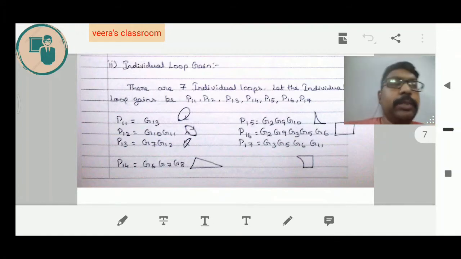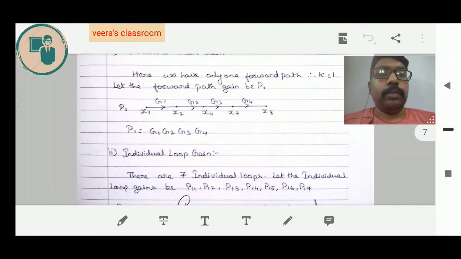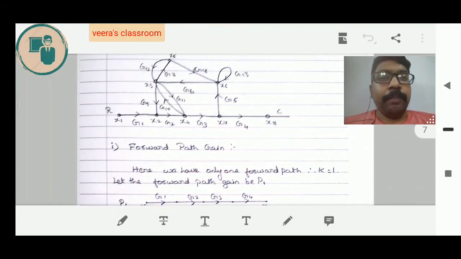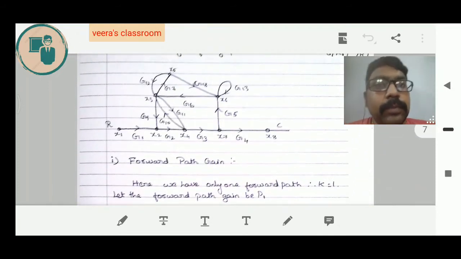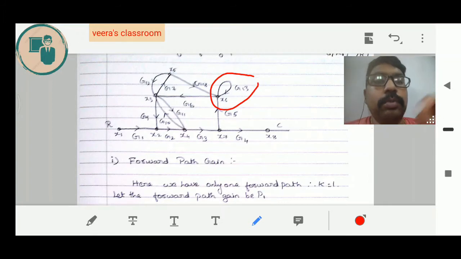What is the third step? The third step is to find two non-touching loops. Here is the major struggle, because we have 7 individual loops. We'll move to the diagram and check. We have one loop here at x6, the smallest loop.